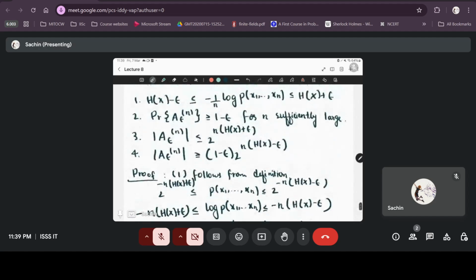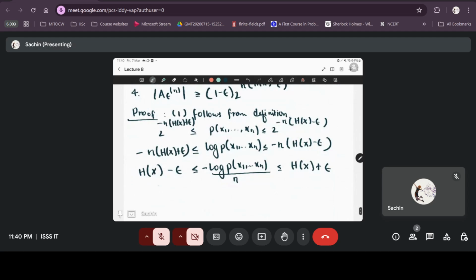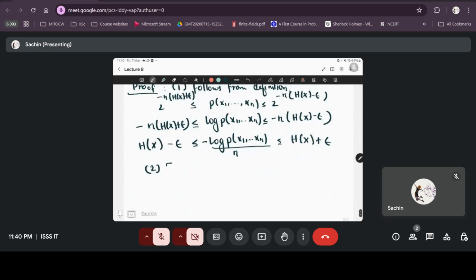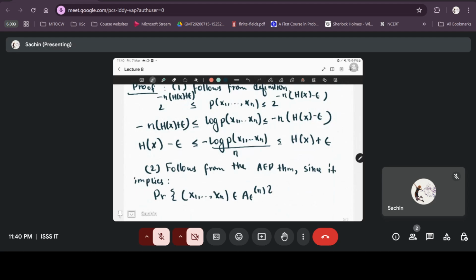Proof of the second point: probability of this set is greater than or equal to 1 minus epsilon. Proof follows from the AEP theorem, since it implies the probability of the set of all sequences belonging to A epsilon of n approaches 1 as n approaches infinity.